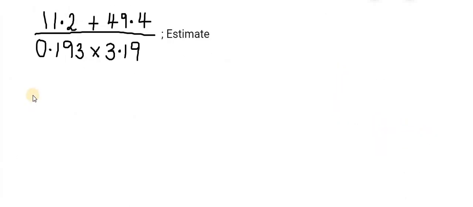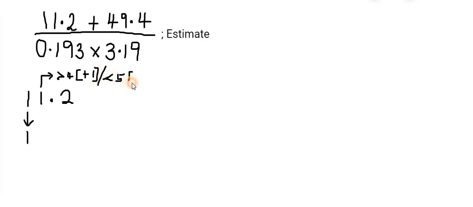Okay? Finally, 11.2, start with that. First significant figure, that's 1. Check the number just after that. If it's greater than 4, add 1 to the previous number. If it's less than 5, add 0 to the previous number.